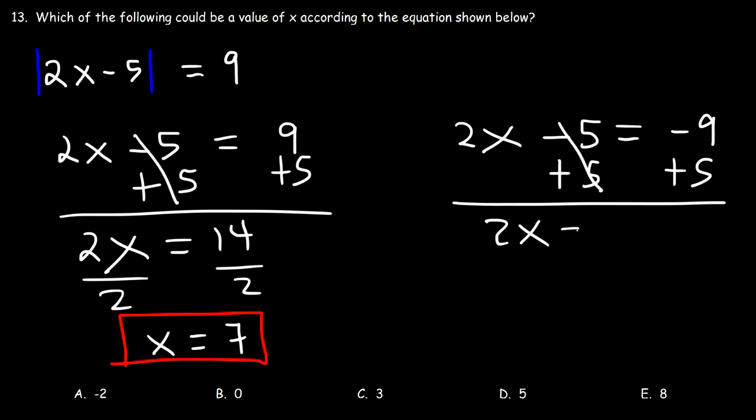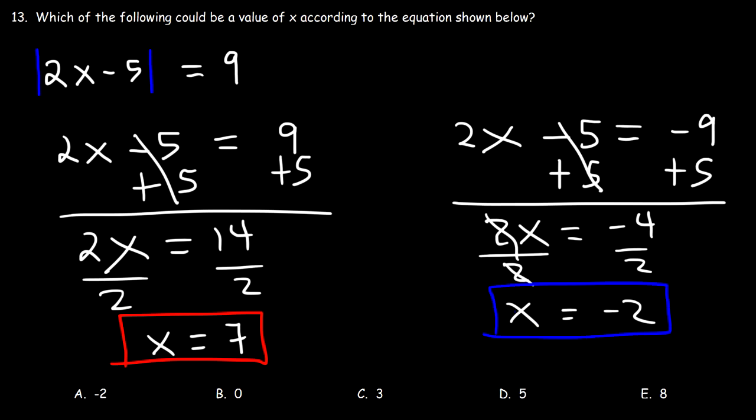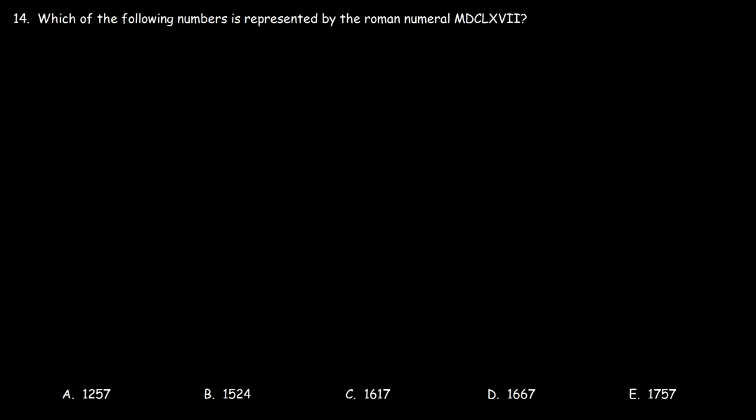Negative 9 plus 5 is negative 4. And then if we divide both sides by 2, negative 4 divided by 2 is negative 2. So we have two possible answers for the value of x. It can be negative 2 or 7. But the answer that's listed is negative 2. So answer choice A is the right answer.